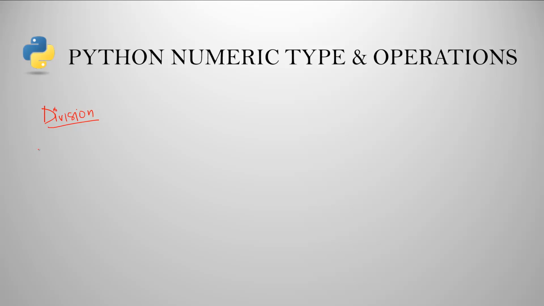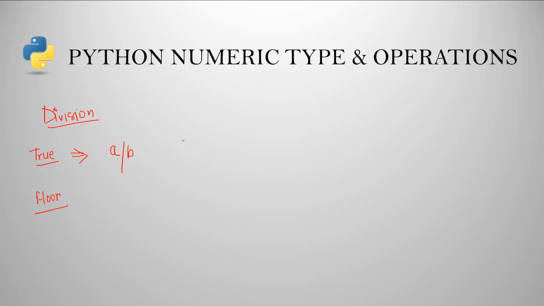So division. Basically there are two types of division. One is true, another is floor. True division, what we see in maths, like a divided by b.